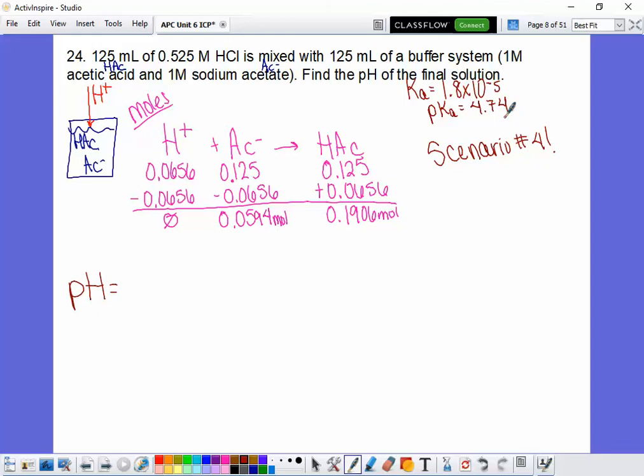Okay? So pH equals 4.74 plus log. What types of values can I put in this? Concentration. What do I have right now? I have moles, so I need to convert that to concentration.